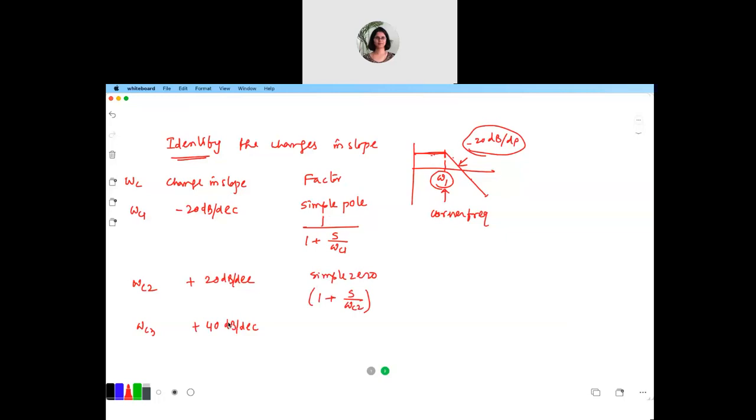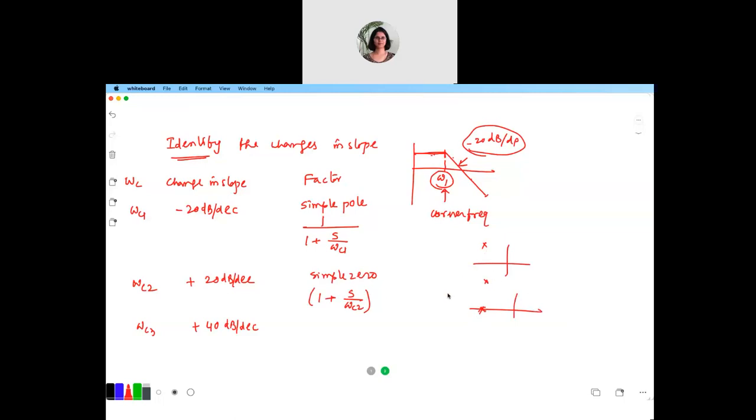Now when I say double, it is possible that it will be a complex conjugate pair, or it is possible that it is two poles at the same place, a double pole. Now without any additional information, I will not be able to find out the complex pole.